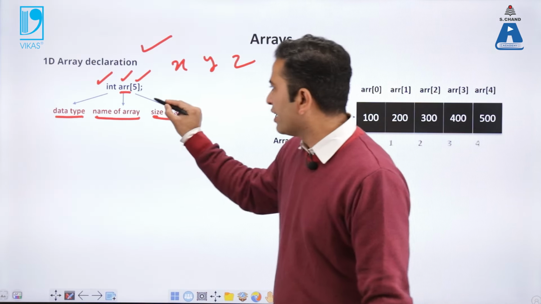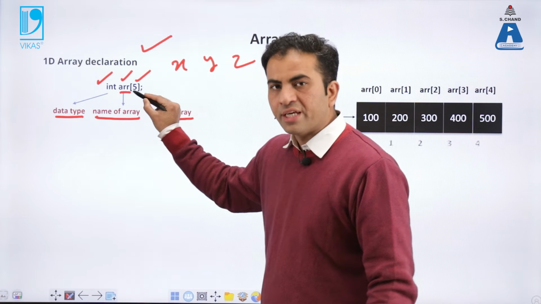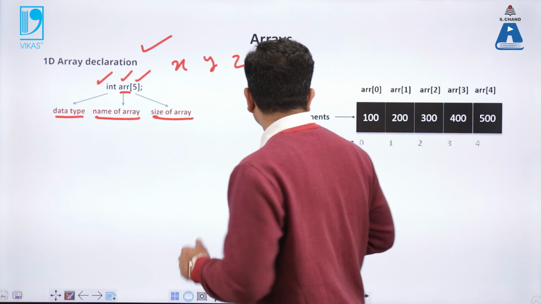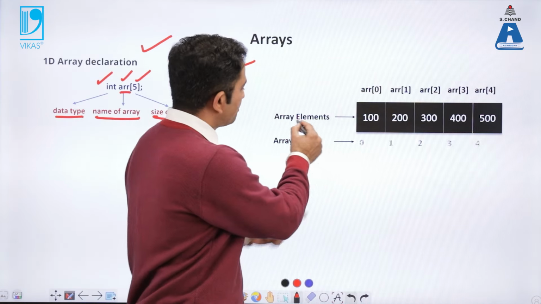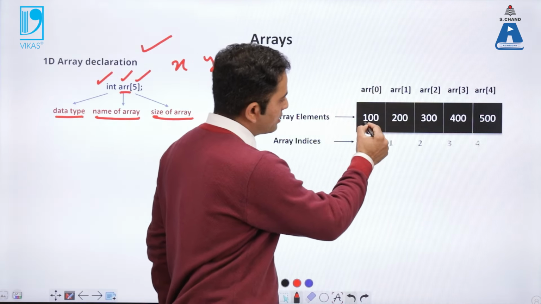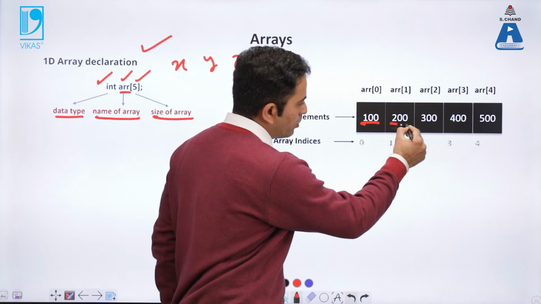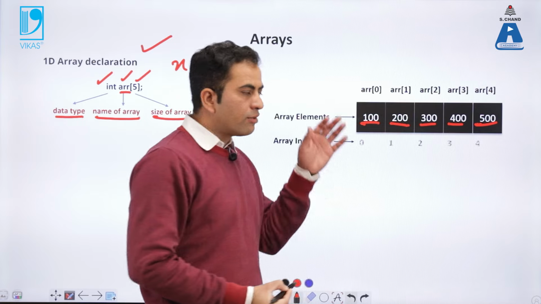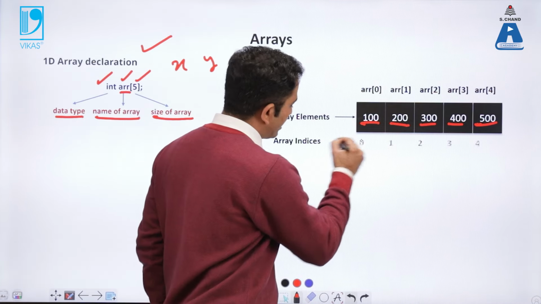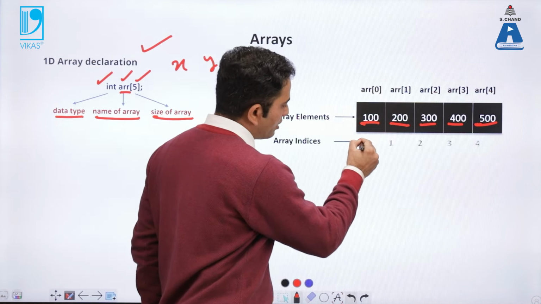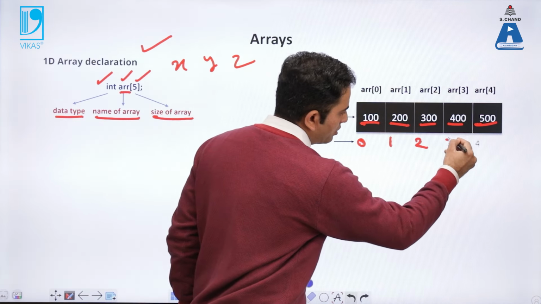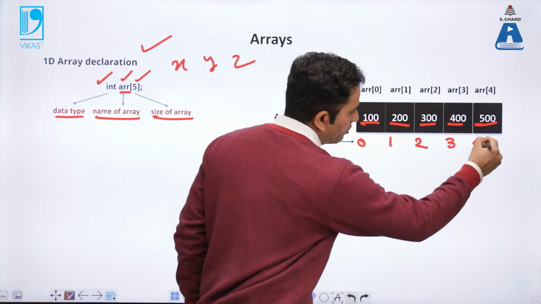So here we have declared ARR 5, that means the size of this ARR variable is 5. You can see here these are the array elements: 100, 200, 300, 400 and 500. These values are saved on the array indices 0, 1, 2, 3 and then 4.